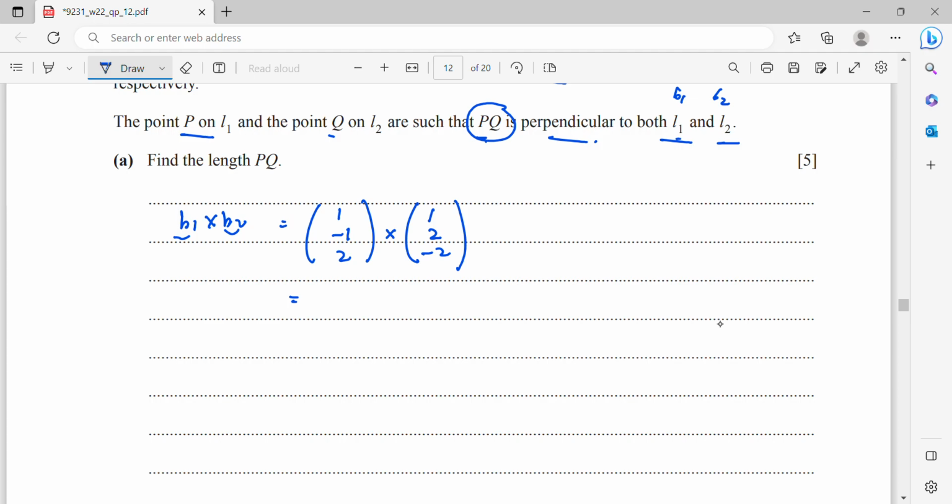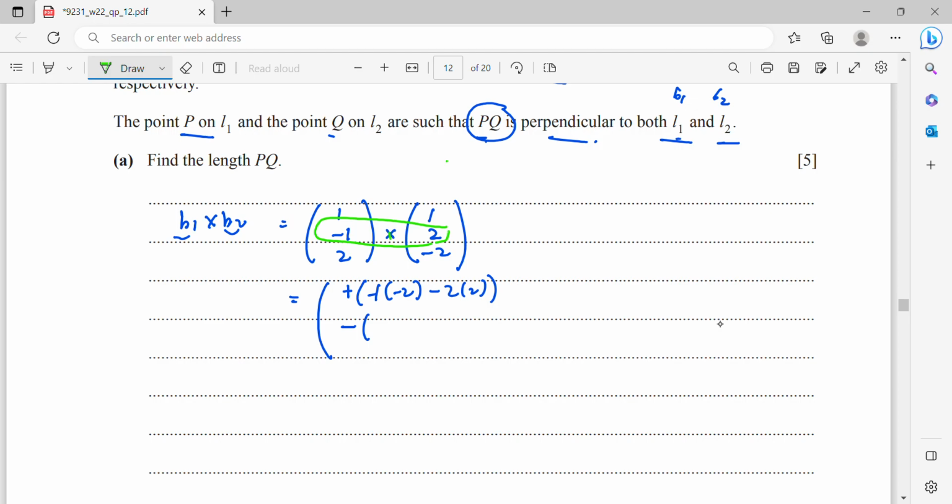So when we do the cross product, the sign is plus, keep the first row, then get the cross multiplication: minus 1 times minus 2 minus 2 times 2. Then we cover the second row.